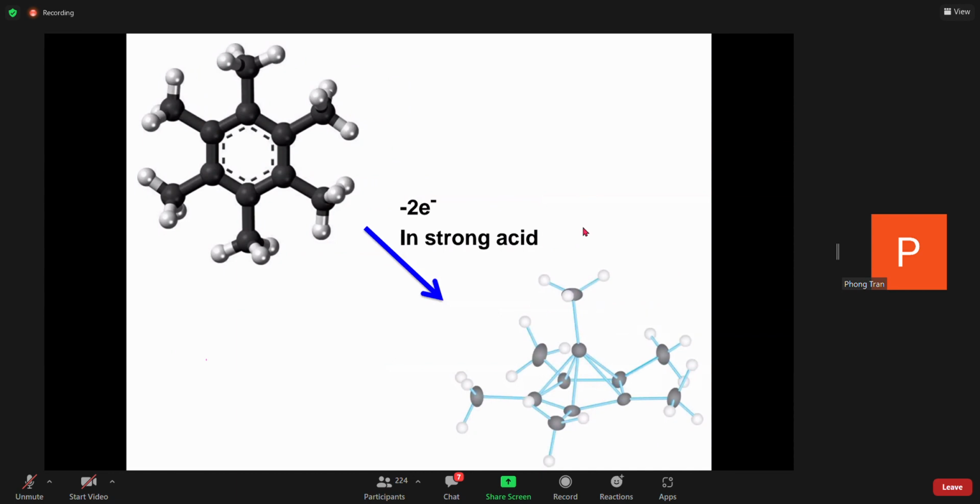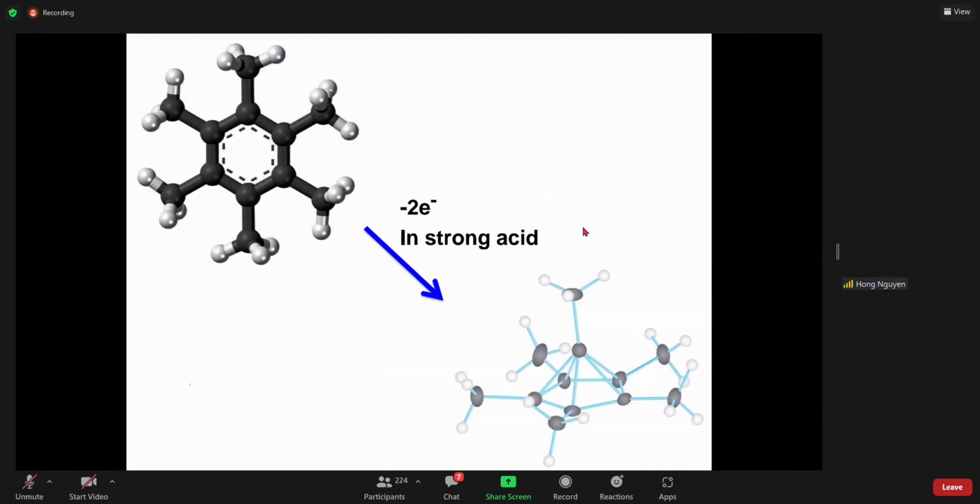Basically, you take a classical aromatic compound. You do the reduction by 2 electrons in very strong acids. In previous observations, people thought that when you reduce by 2 electrons, these aromatic rings will be distorted a little bit, so it changes the physical chemistry properties of the product.